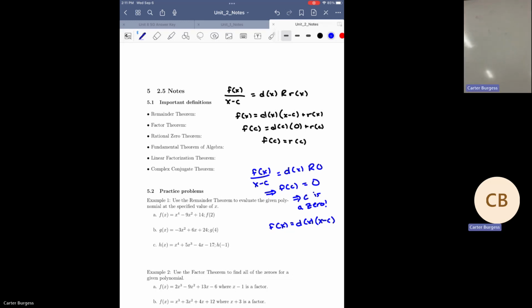Because what we are going to find is that d of x is still a polynomial, but it is specifically a polynomial with a lower degree than f of x, which is great because, as far as everything is concerned, we can only really reasonably factor or find the zeros of quadratics.